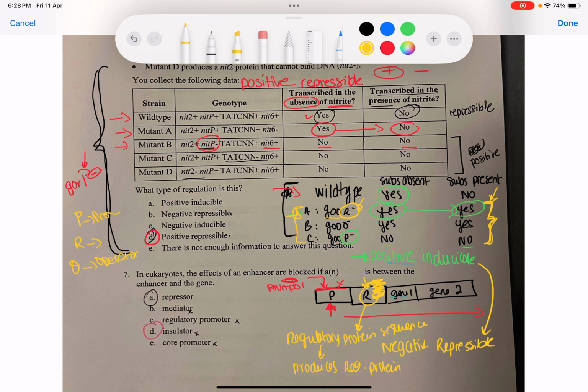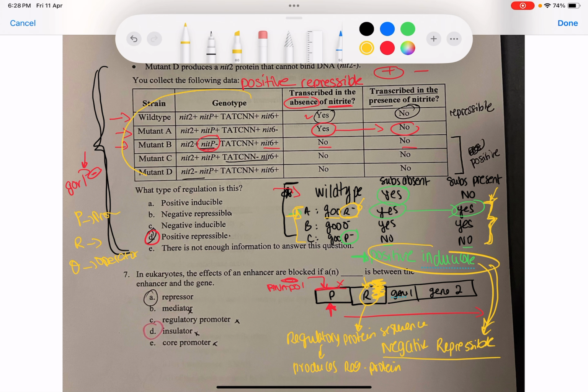So when I got positive inducible, yeah, that's right, because I followed what I'm seeing in the table. But what it truly does is the opposite, because I had a mutation at the regulatory protein sequence, so I would just flip it. So it would be negative repressible.